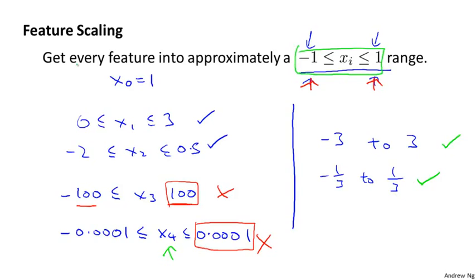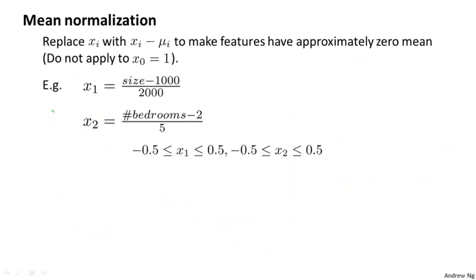In addition to dividing by the maximum value, when performing feature scaling, sometimes people will also do what's called mean normalization. What I mean by that is that you might take a feature xi and replace it with xi minus mu i to make your features have approximately 0 mean. Obviously we won't apply this to the feature x0, because the feature x0 is always equal to 1, so it cannot have an average value of 0.